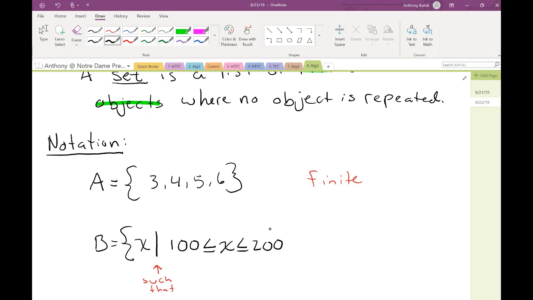Now, we should be a little bit careful here. Hopefully you remember from your previous math courses that there's different kinds of numbers. So there's whole numbers, and there's integers, and there's fractions, and there's real numbers. Right? You guys kind of remember those words, hopefully at least. So here we want to be careful and make sure we describe what kind of number that x is going to be.